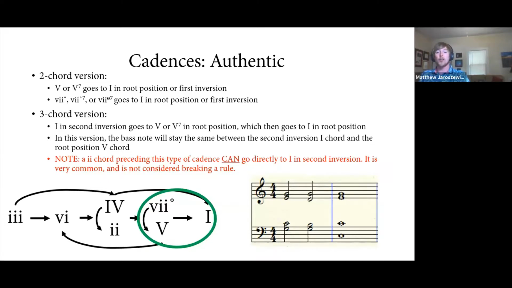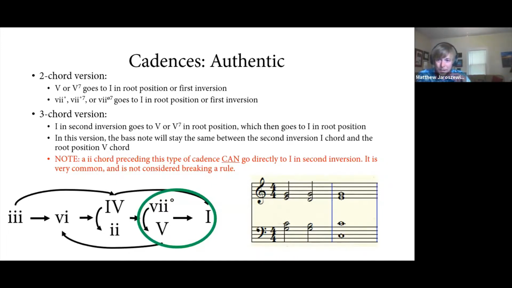We then go to a 5 or 5/7 chord while keeping G in the bass, because G, of course, is the root of our 5 chord. And then we finally go to 1 in root position. The key here is that with 1 in second inversion, the bass note stays the same between this chord and the 5 chord.